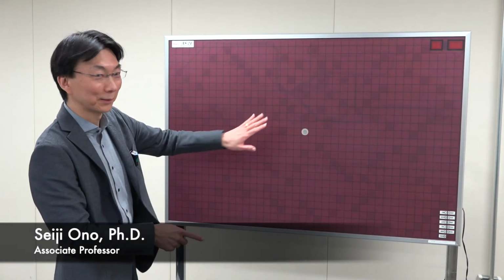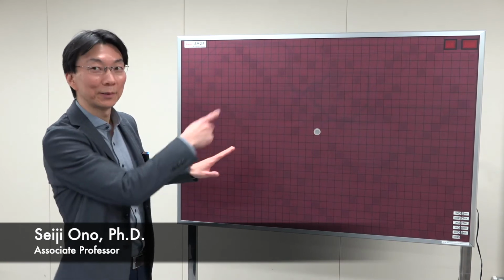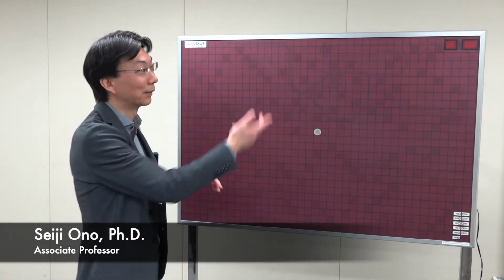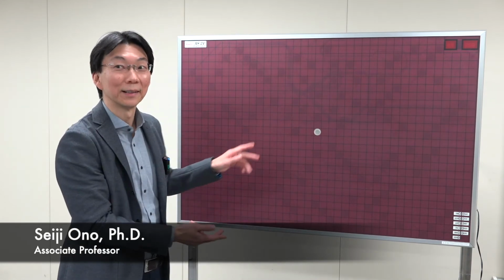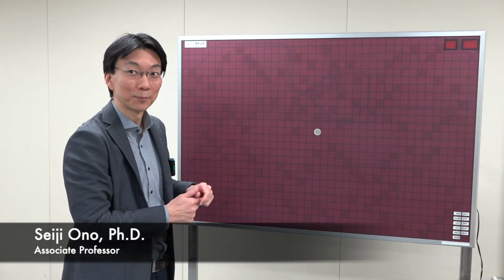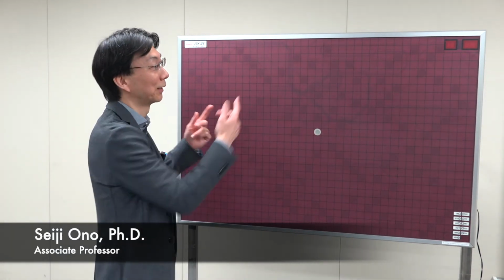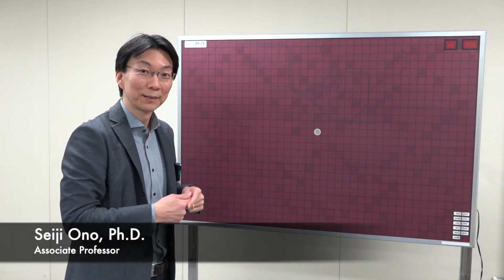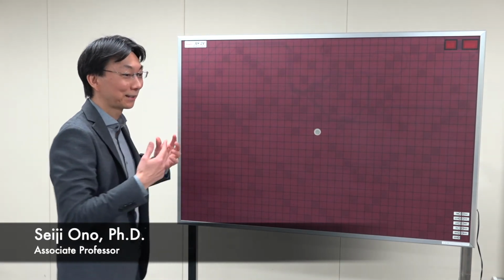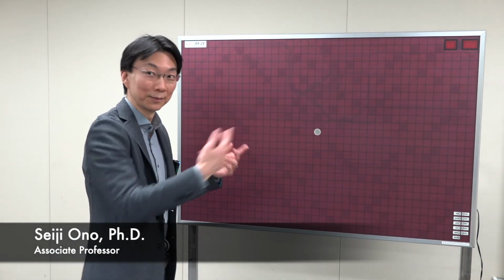In this board, a lamp will light up, and we don't know where in this panel. Then we touch the panel where the lamp lights up. We try to find out how fast your response is to the visual stimulus. This is what we call eye and hand coordination, right?